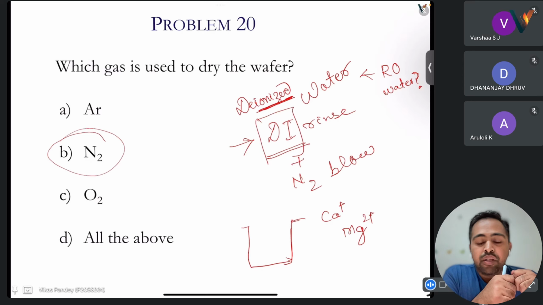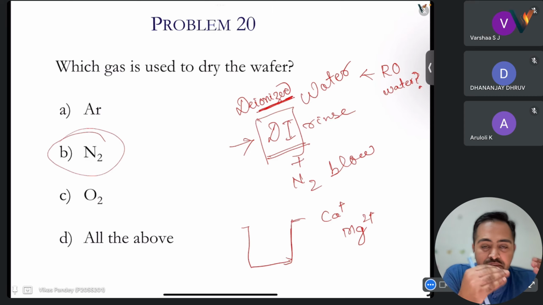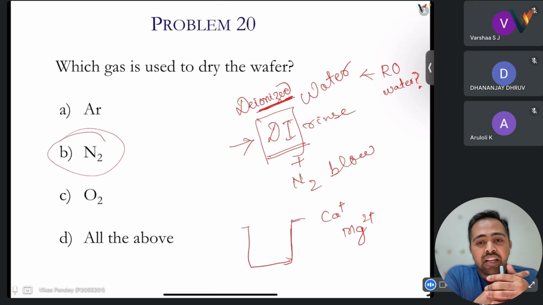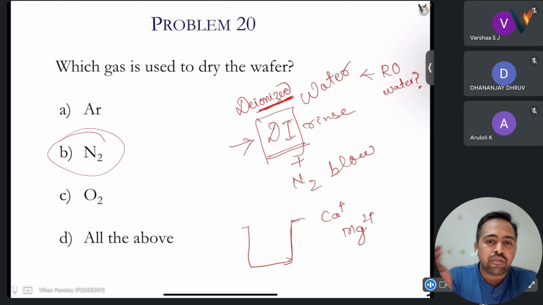And this is removed very similar to RO, and distillation process is also done again and again. Two, three processes are done, and then we get the deionized water. But its lifetime is very less, maybe like 3 hours, because there are many ions in our environment also. Since there will be a gradient, they will very easily try to get inside and mix up.